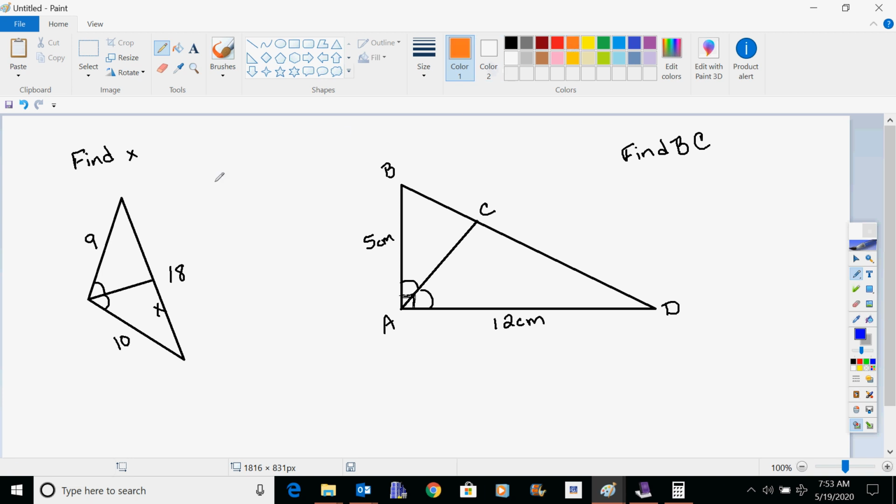This is another one where you need to subtract because 18 is the whole piece here. So this part right here is 18 minus x. This side, 18 minus x. So you set it up as 10 over x equals 9 over 18 minus x.